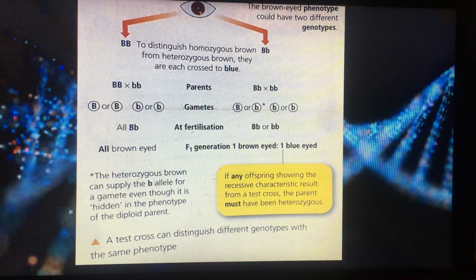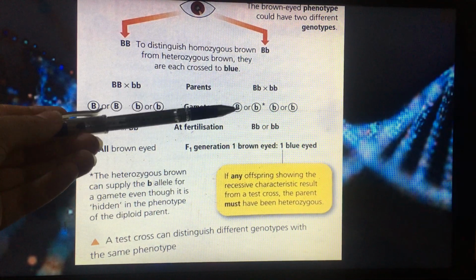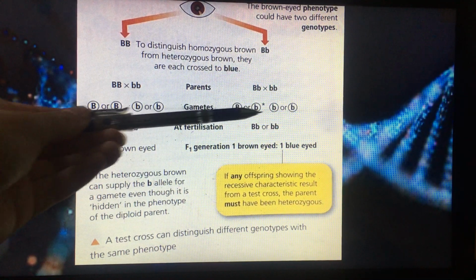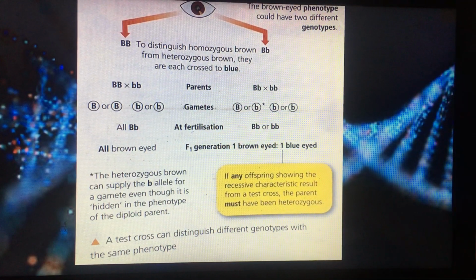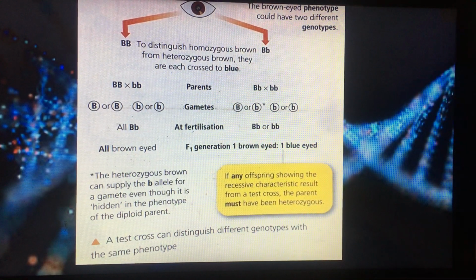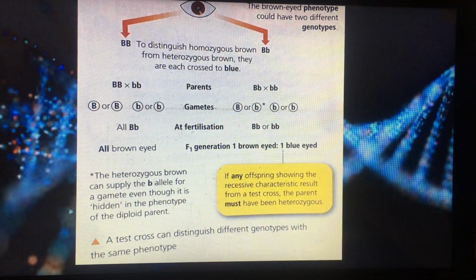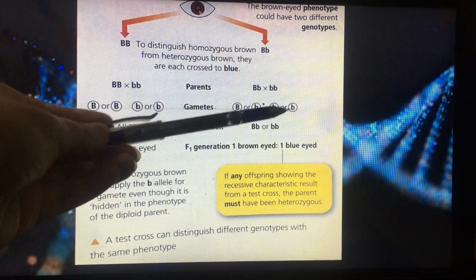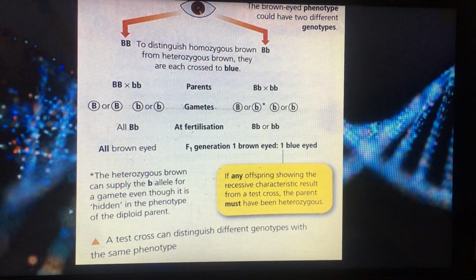What will happen when we fertilize heterozygous brown with homozygous blue? Here we have heterozygous brown, B capital B small. We say heterozygous because it has alternative alleles. Here we have B small B small.